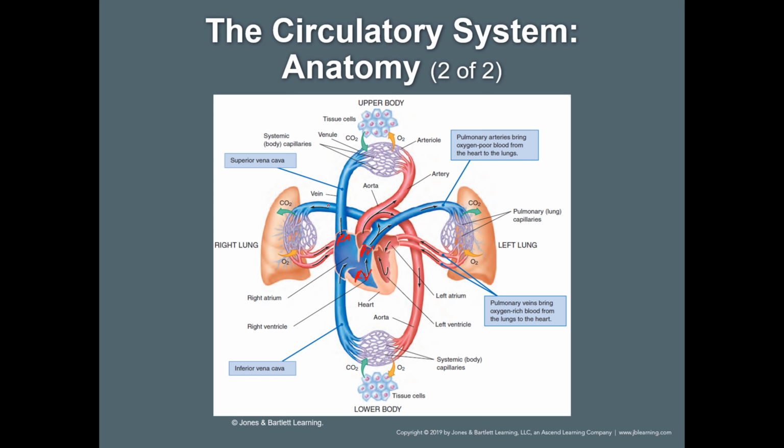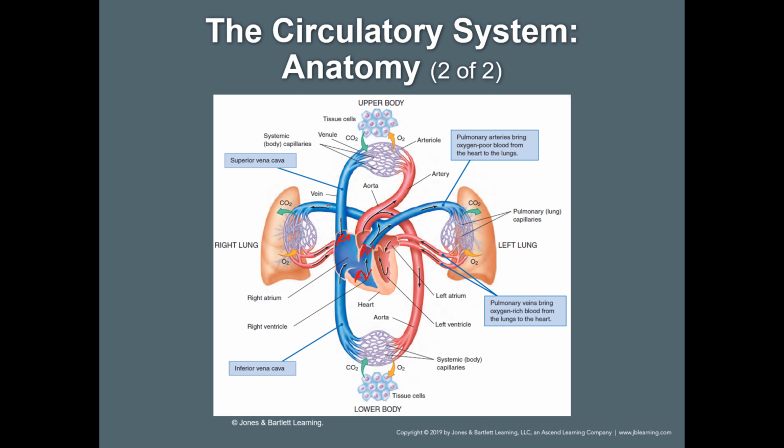Now, once we get here, we're rich in O2. We're going to use that same process of diffusion. We're high in O2 here, and so that's going to draw that to the cell. We're low in CO2 here, and that's going to draw that CO2 up.